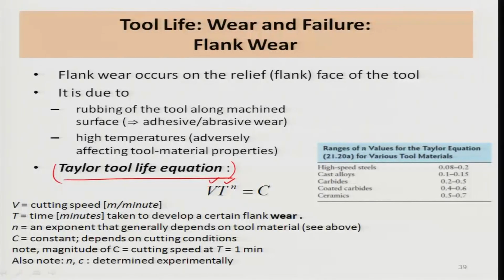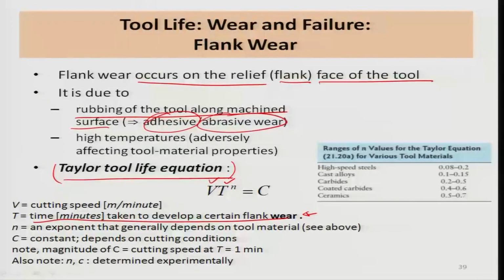So, the tool life T in minutes is the time taken to develop a certain flank wear, where flank wear is the wear which occurs on the relief face or flank face of the tool due to rubbing of the tool on the machined surface, and typically this wear is adhesive or abrasive wear, and also occurs because high temperatures adversely affect tool material properties.